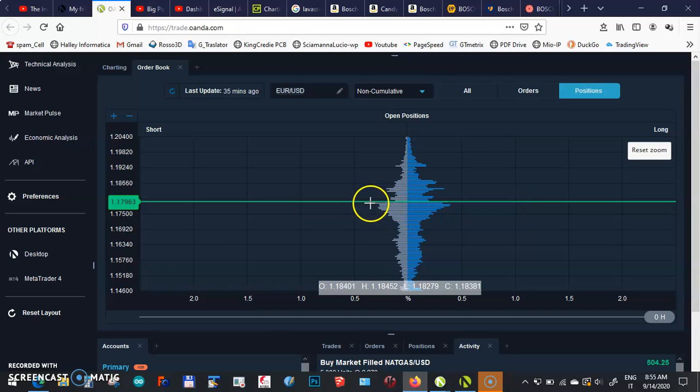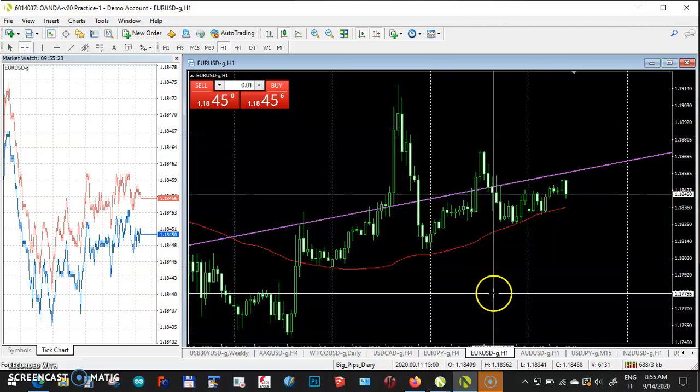The side of the sellers is less thick, less pronounced. And now I'm going to see the chart in depth.